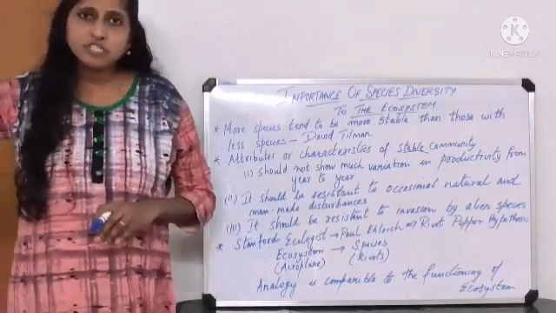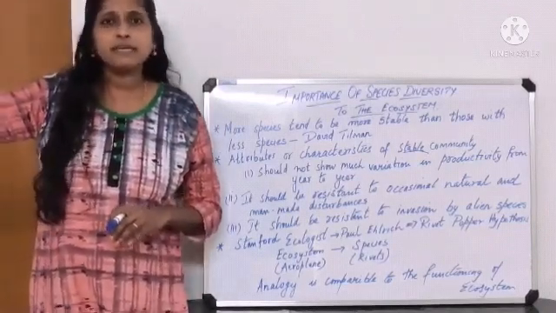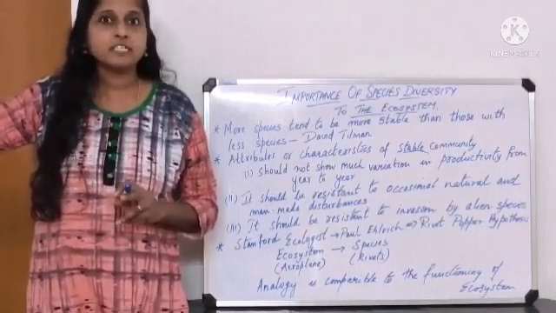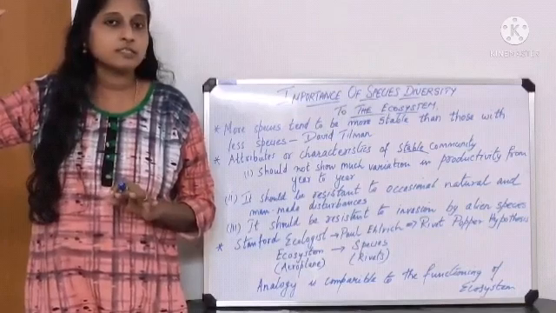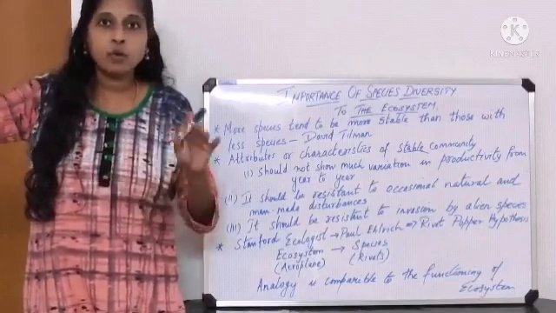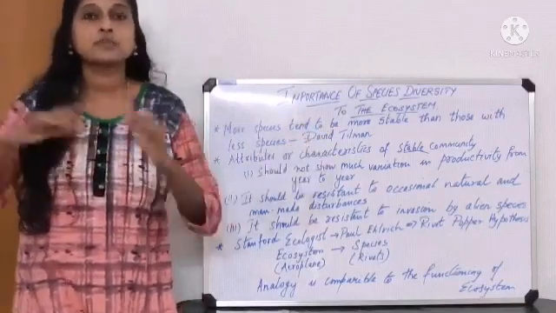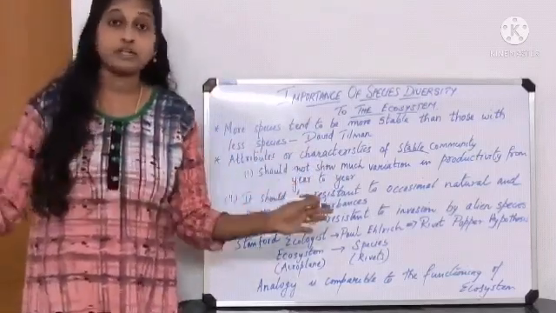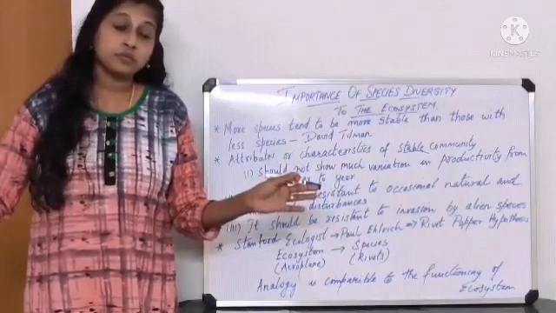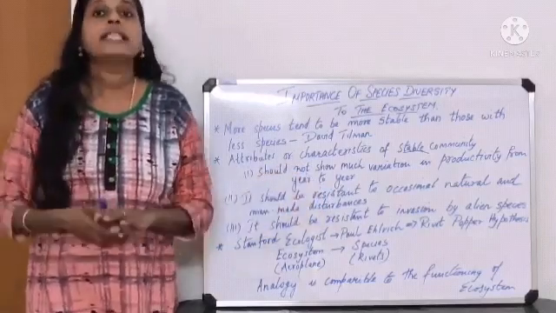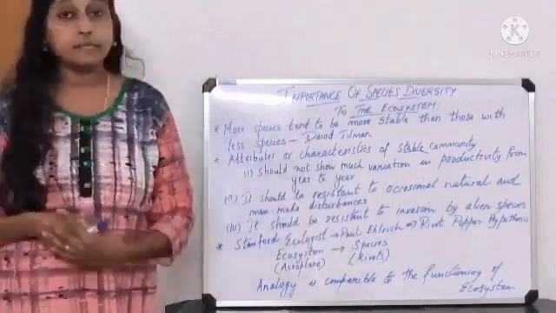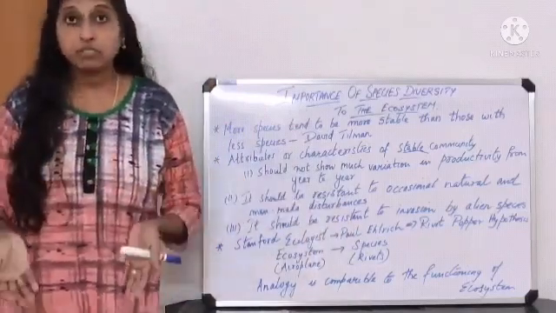If you remove one species from that ecosystem in the beginning, then a second species, a third species, the food chain gets disturbed. Thereafter the whole ecosystem is disturbed and collapses, and will get converted into barren land.